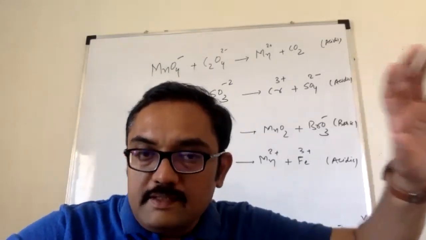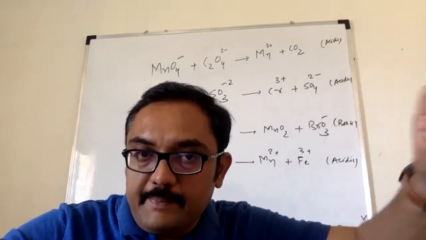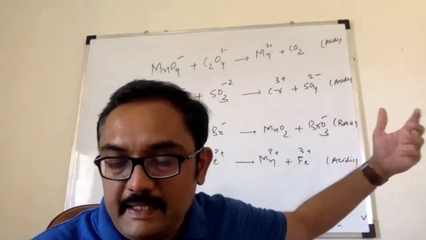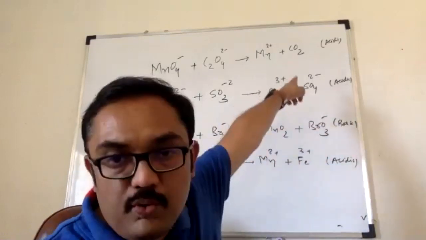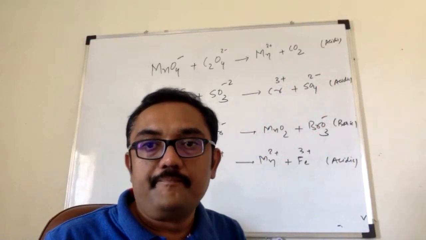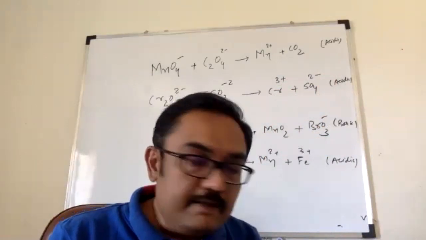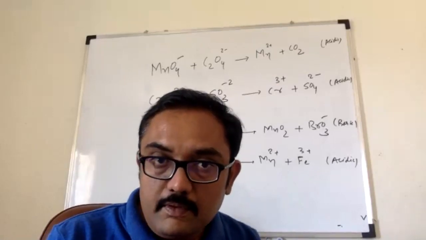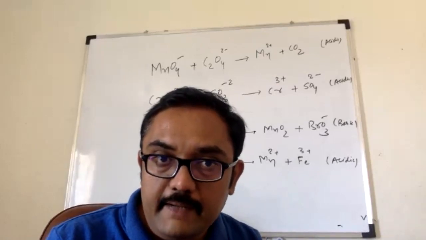Whatever number of atoms you multiply by, you multiply by that. Like on the right hand side it is +4; after you multiply the carbon by 2, the right hand side you will take +8. So that is balancing the atom and changing the oxidation number according to that.